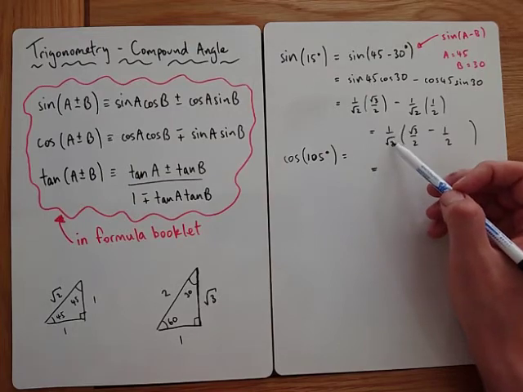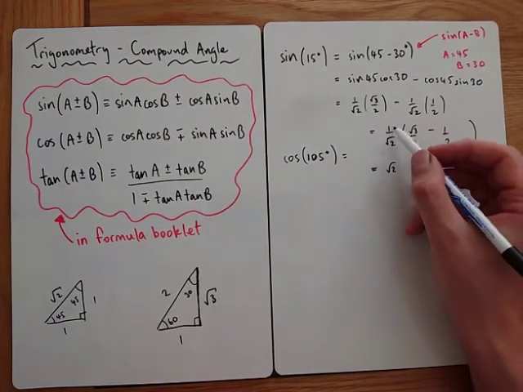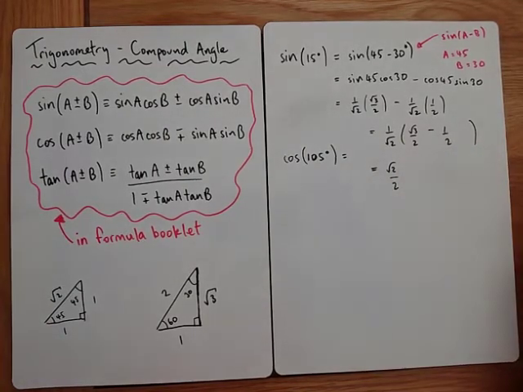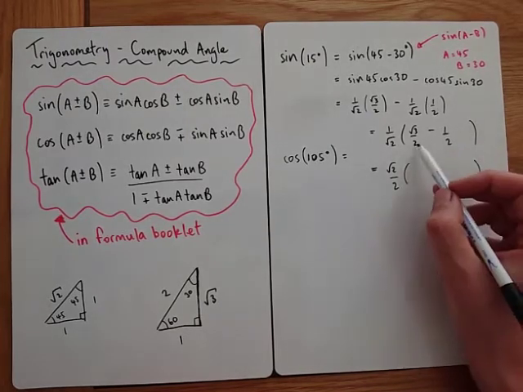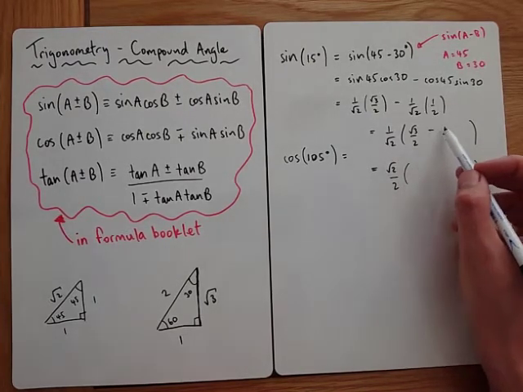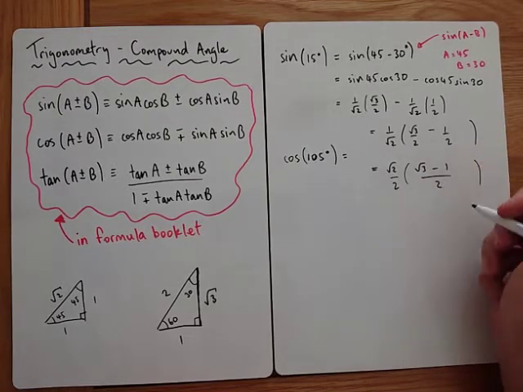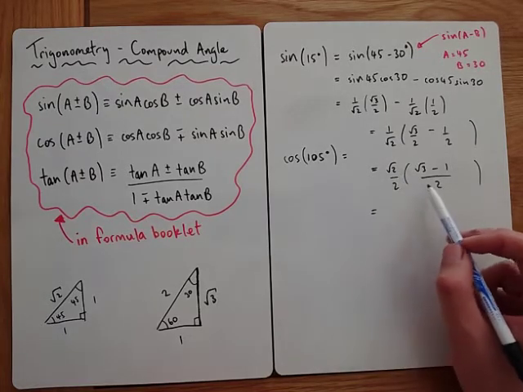If I multiply the top and bottom by root 2, I'd get root 2 on the top. And root 2 times root 2 on the bottom would be 2. And inside this bracket, we've got a common denominator, so it would be root 3 minus 1 all over 2, which we could then expand.